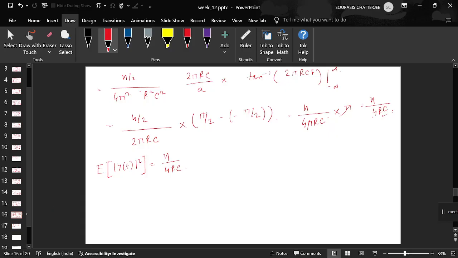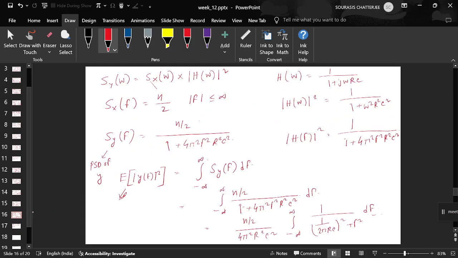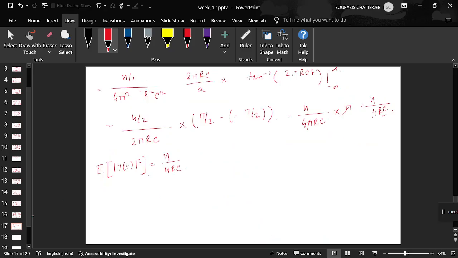Now remember, we have obtained that when white Gaussian noise is passed through an LTI system, y(t) is also WSS. So y(t) being WSS means this is nothing but the autocorrelation function of y evaluated at 0.